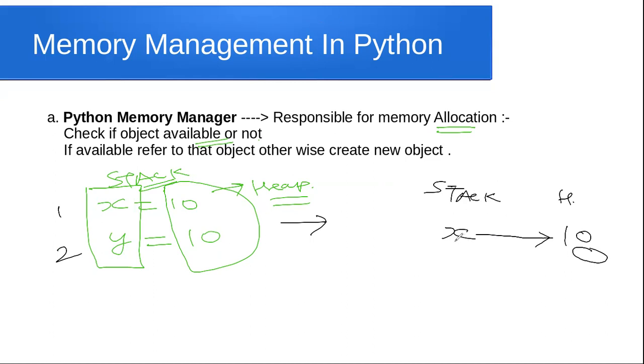The stack handles x and y. The second time, when we write y equal to 10, it will refer to the same object with the same address. We can find the address in Python by using id of x, that is, id of the variable.